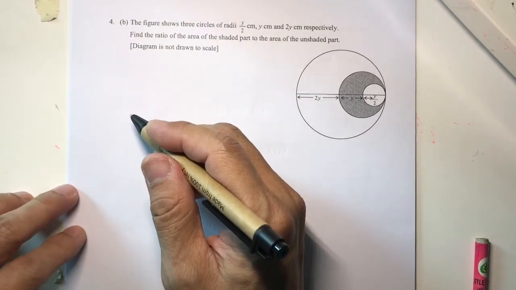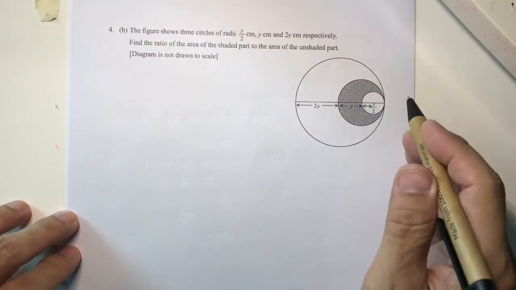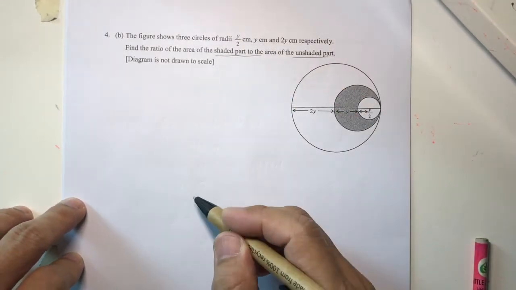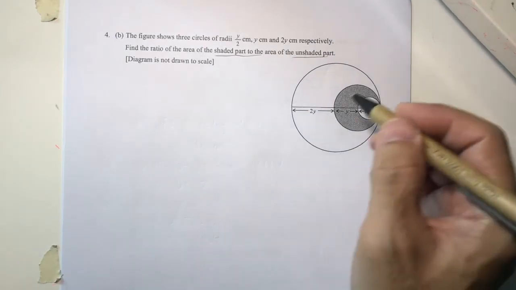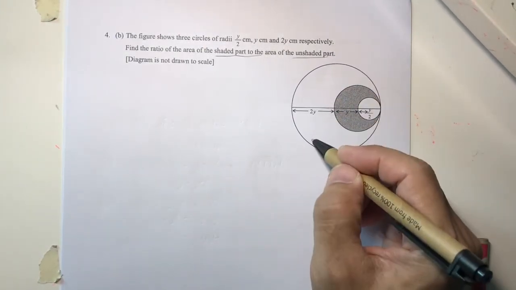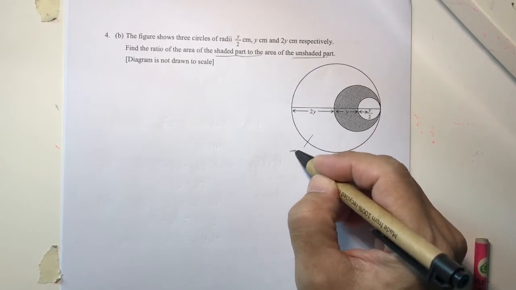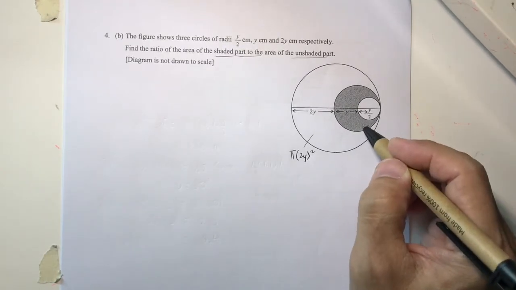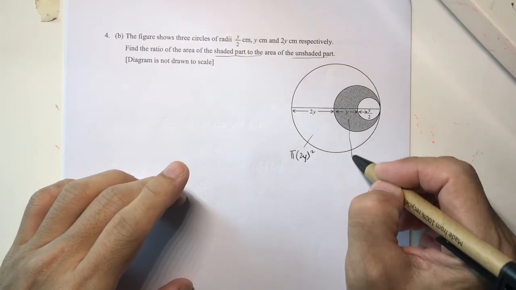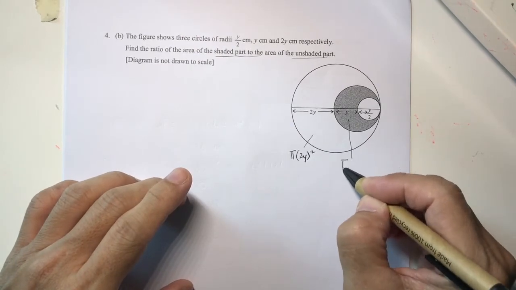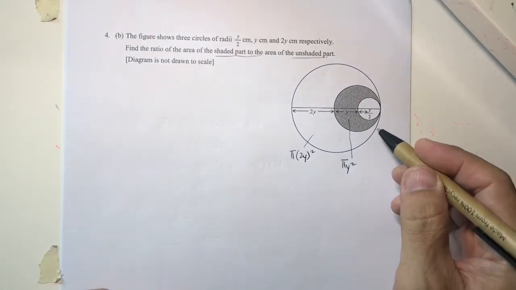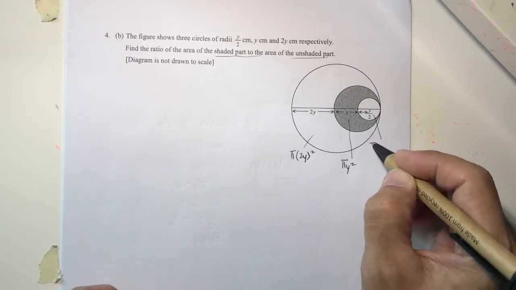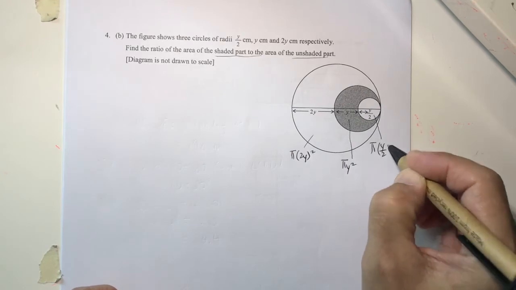The next sum is on the area of a circle, and we are to find the ratio of the shaded part to the unshaded part. The area of the big circle is pi r square, which is pi (2y) square, and the area of the medium circle is pi r square, where r is y, and the smallest circle is pi (y over 2) square.